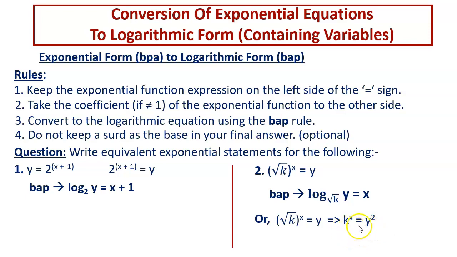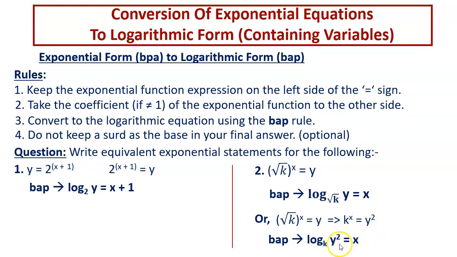This equation is not the original given equation, but we are assuming this to be our original exponential equation, and we will be changing this equation to its corresponding logarithmic form. Okay, so the base will remain the base. Base is k, so log to the base k, and this is the answer, which becomes the argument.